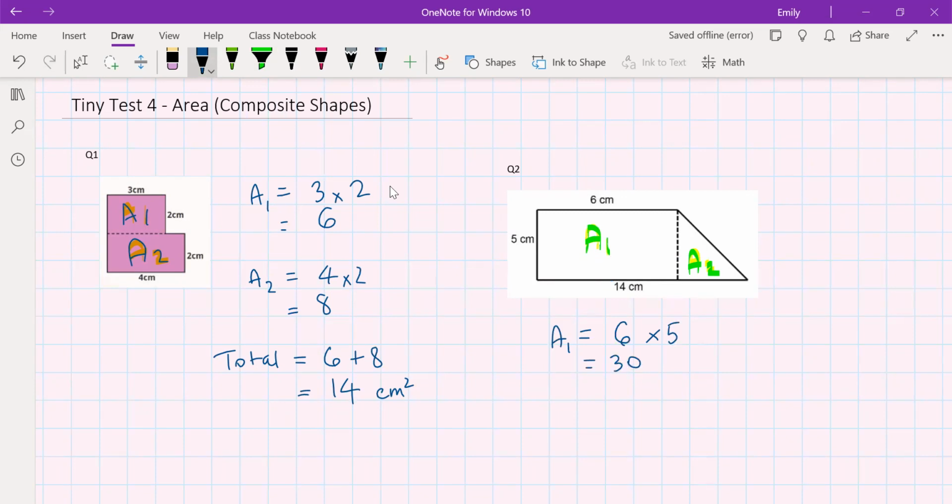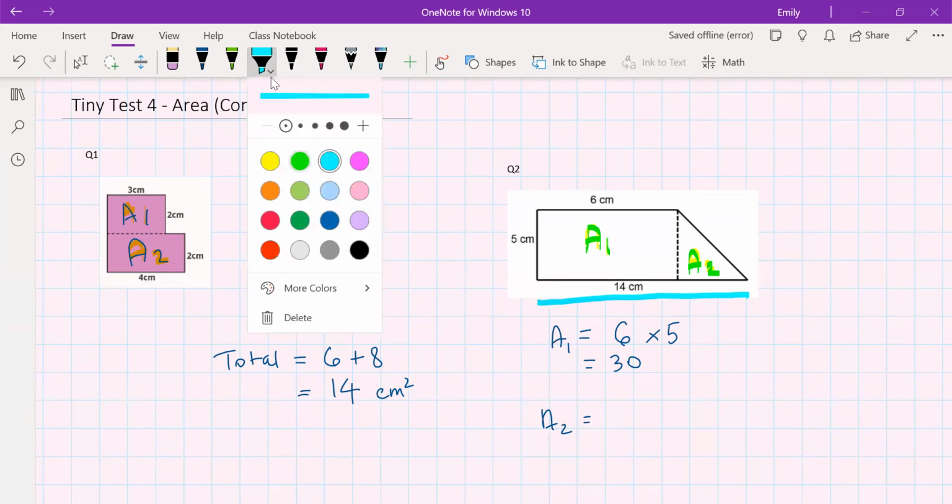We've done our A1. Now our A2 is a triangle. Again we need the base and the height of the triangle. The base is looking a bit tricky. The picture is not drawn to scale, but we've got here that it's 14. I'll put it in a different color. 14 goes from here all the way across to there.